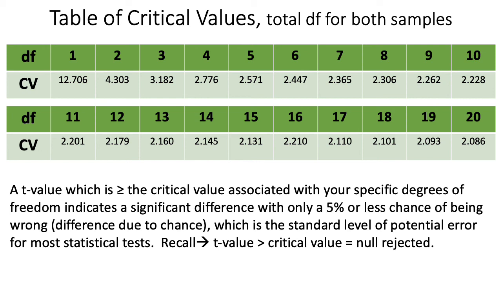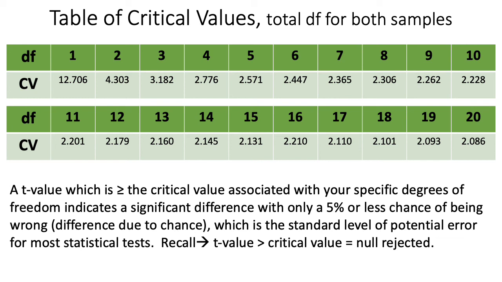I guess in years past in GenBio, they've used other data sets where there is 20 or less total degrees of freedom, which would be 22 or less total samples between the two populations. But regardless, ours is 2.4, so we fall into right here.